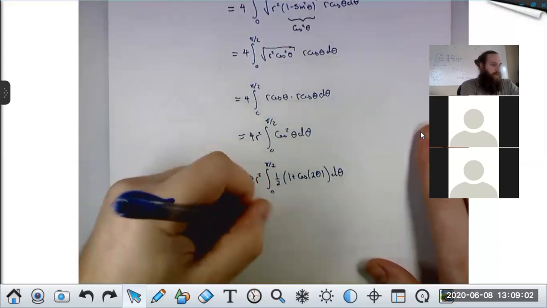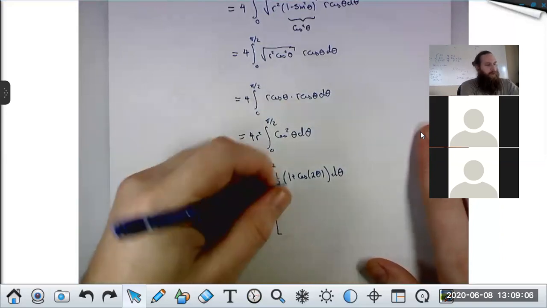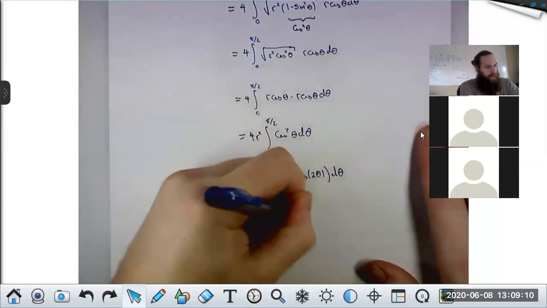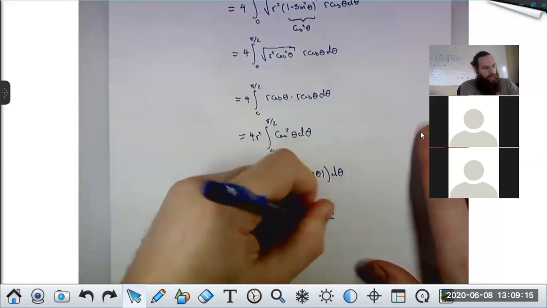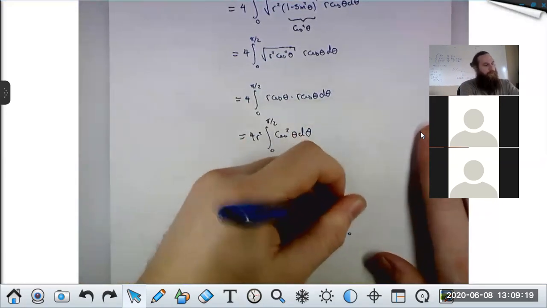I'll pull out the 1/2 as an over 2. 1 d theta integrates to theta, cos 2 theta integrates to sine 2 theta over 2, and we evaluate from 0 to pi over 2.